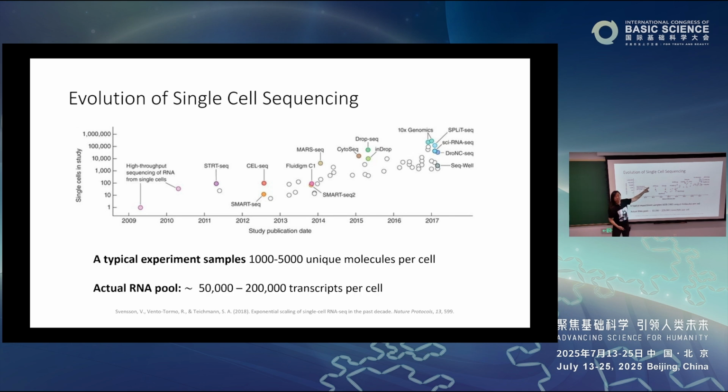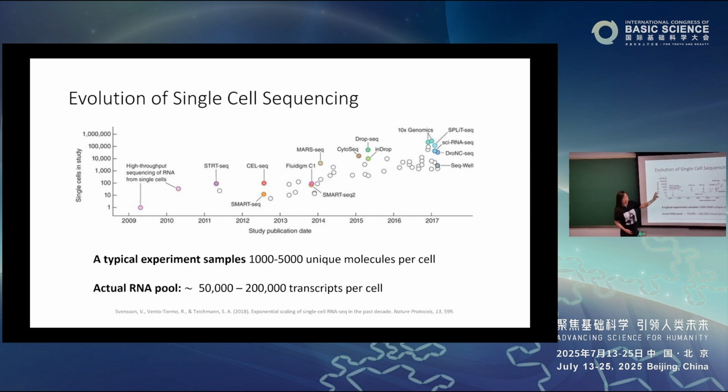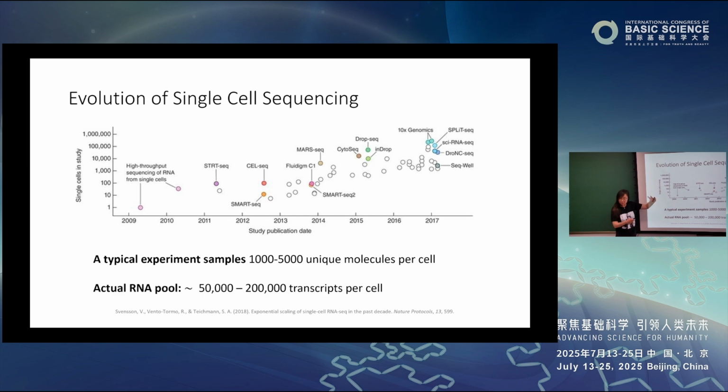Each of these is a different technology for sequencing single cells. A typical experiment, this is in terms of number of cells, right? Millions of cells per data set. But within each cell, how many molecules do we sample from the RNA soup that makes up that cell?